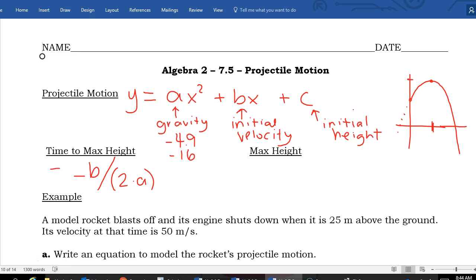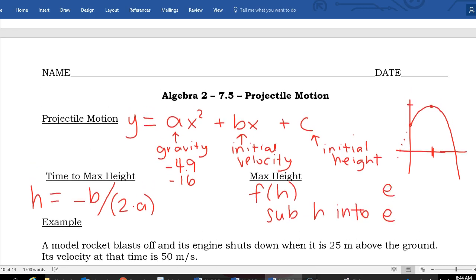I'm going to call that value h. By substituting that value for h into the y equals equation. And we'll look at what that all means when we get to our example.